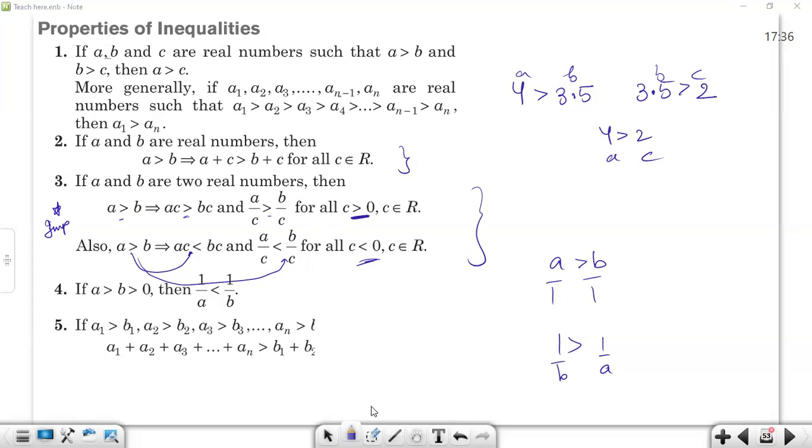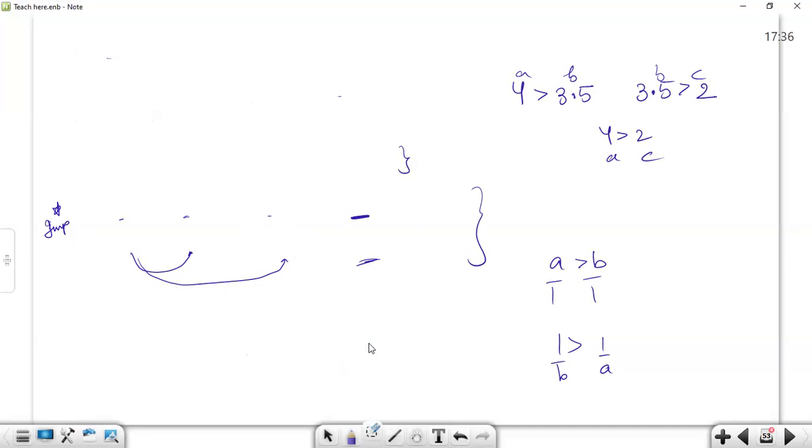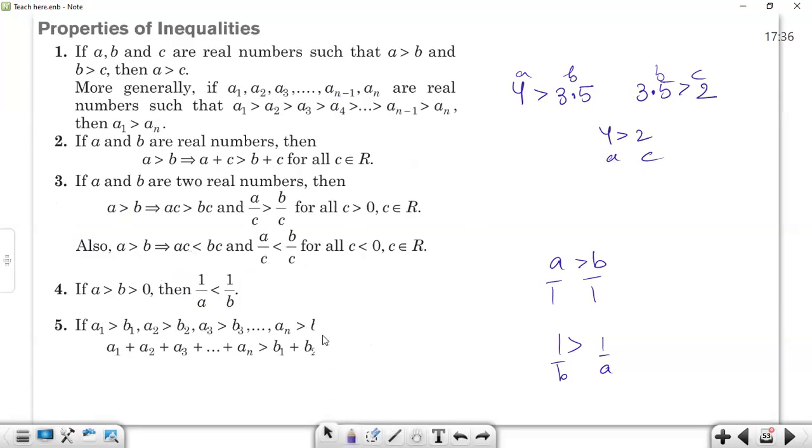Okay. So now further discussing property number 5, which says if A1 is greater than B1, A2 is greater than B2, and so on, and it is written that A1 plus A2 plus A3. So it is simply that we are adding multiple inequalities.